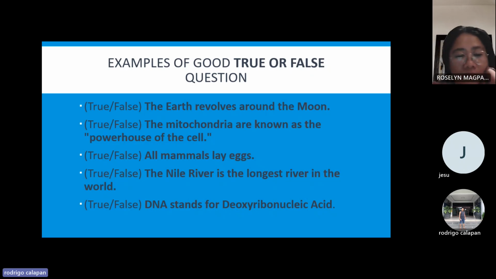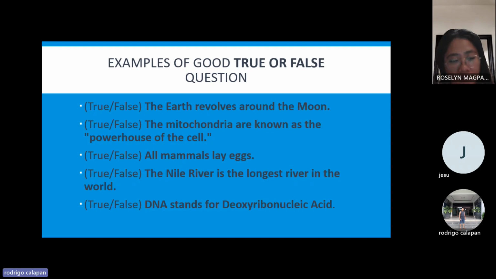Now, the last statement, DNA stands for deoxyribonucleic acid. True or false? True. This assesses students' understanding of genetics and molecular biology. The statement is true as DNA is commonly referred to by its full name, deoxyribonucleic acid.